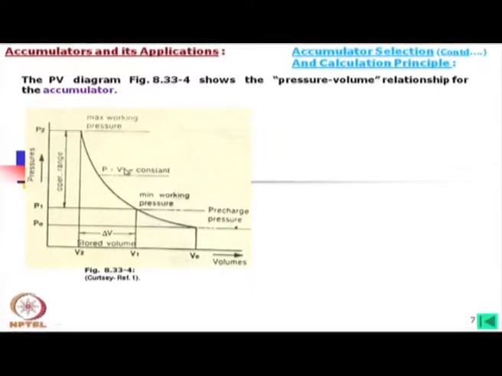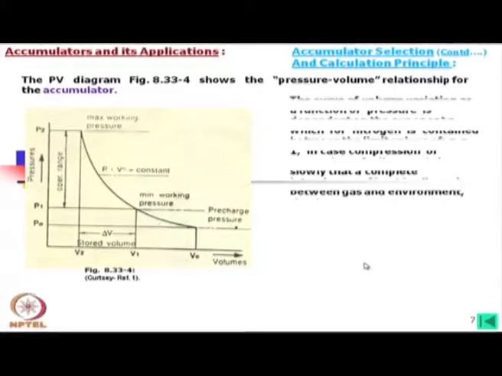Now, obviously, if n is equal to 1, this is a straight line, but ideally it would follow this curve. Whatever the value, the curve is of this nature.